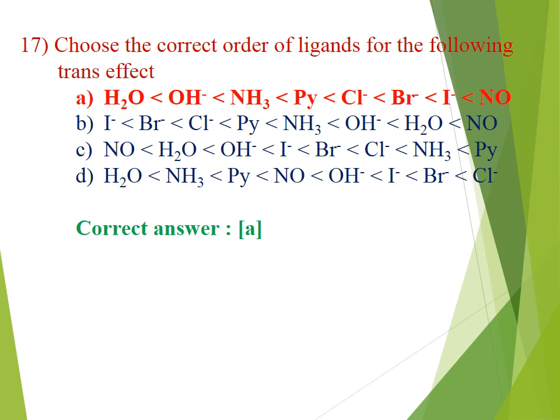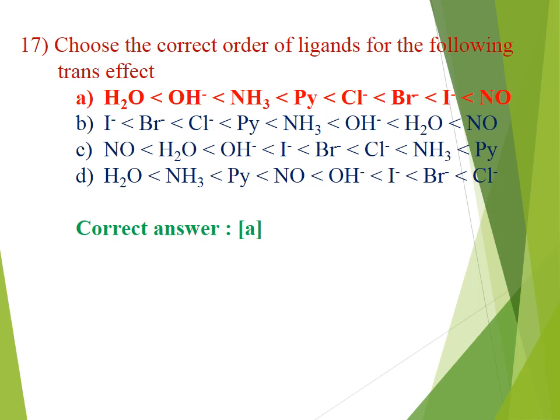17. Choose the correct order of ligands for the following trans effect. Option A is correct. Here H2O shows low trans effect and NO shows high trans effect.